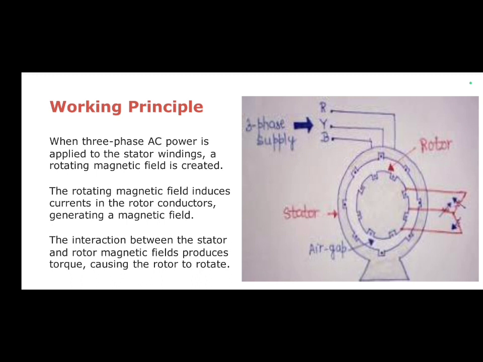For every positive cycle of the alternating current, the poles change, as we know. So whenever the rotor is placed in this changing magnetic field, flux and induced EMF are produced in it. By that, the rotor starts rotating whenever it is placed in the magnetic field of the stator.